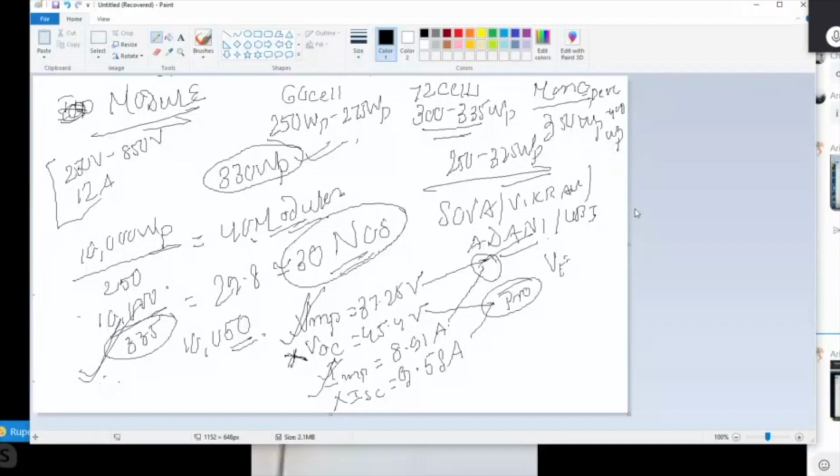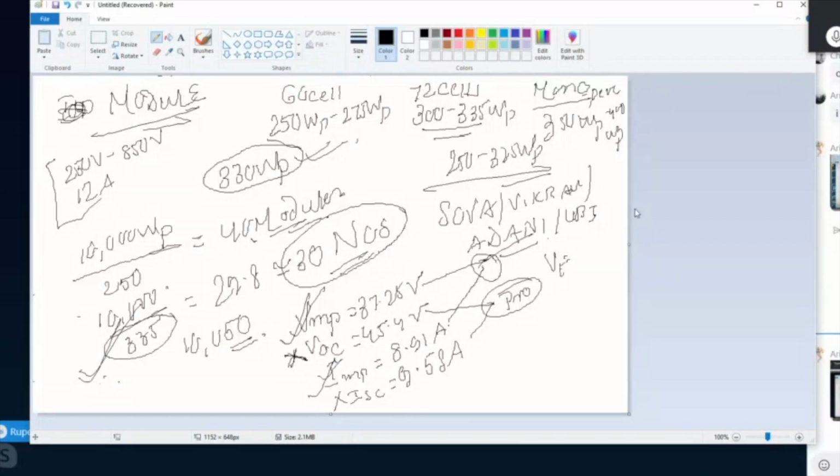Multiplying 30 into 37.25, we are getting 1117.5 volt. This is not at all in the range of 250 to 850 of the inverter. So we can't put all 30 modules in series to the inverter.